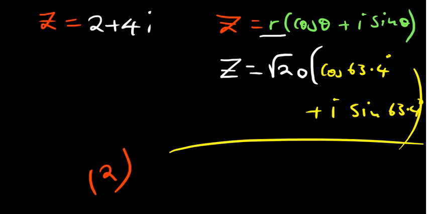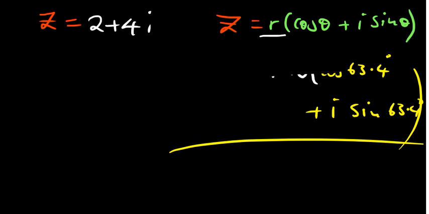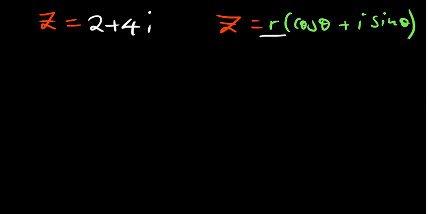The basic idea is that our a for the polar form is going to be r cos theta.